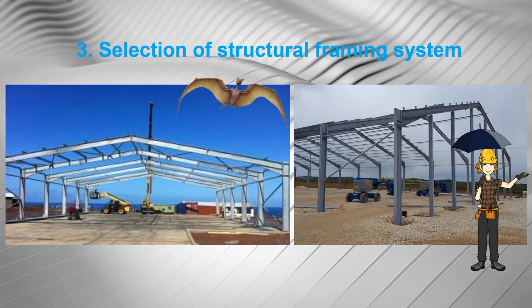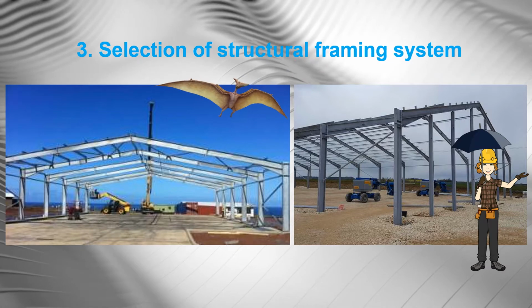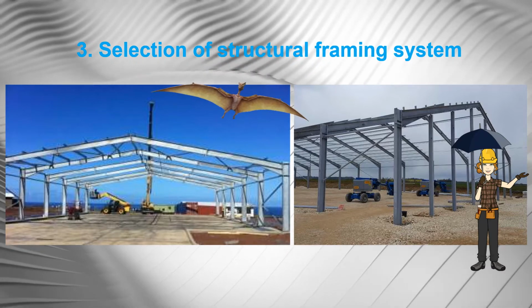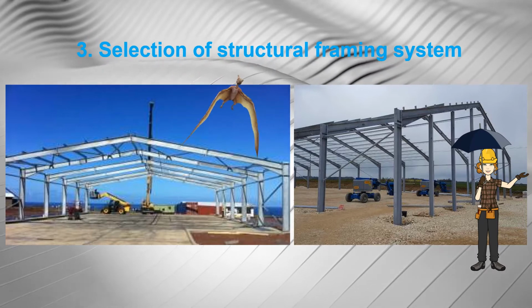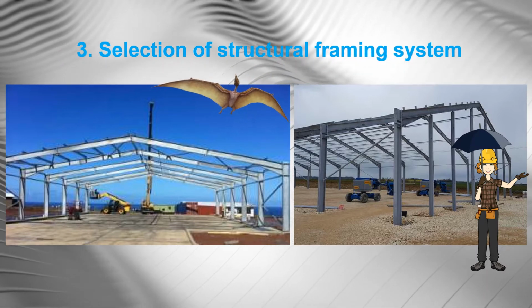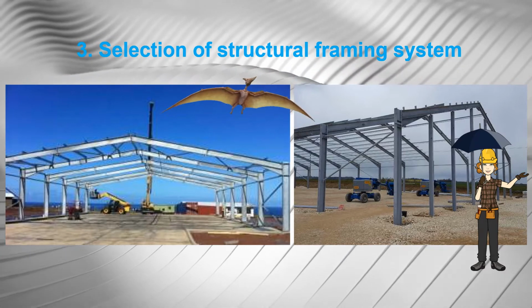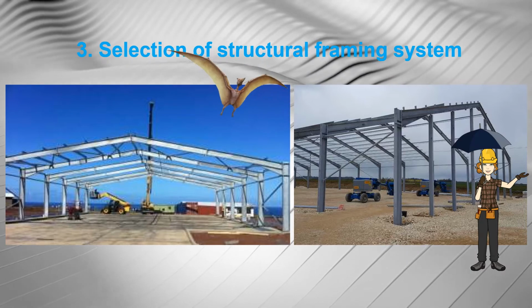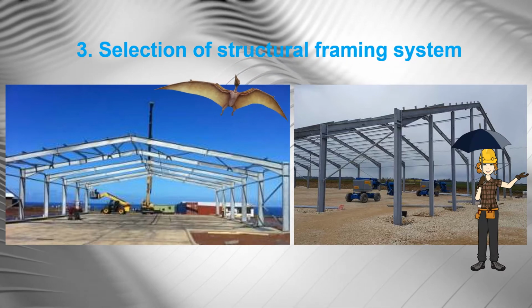Number 2. Unbraced frames. Unbraced frames are in the form of portal frames and are mostly distinguished by their simplicity, cleanliness and economy. The frames can provide large column-free areas, offering maximum adaptability of the space inside the building.